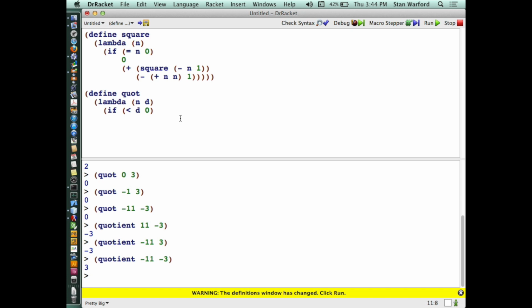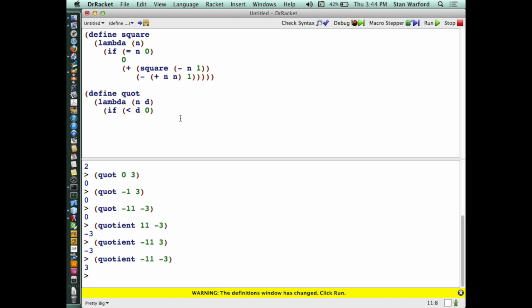Do you need another if to find out if n is negative also? Well, before we do that other if, I think we can do something now. Negative 1 times quotient. Yeah, the negation of it.